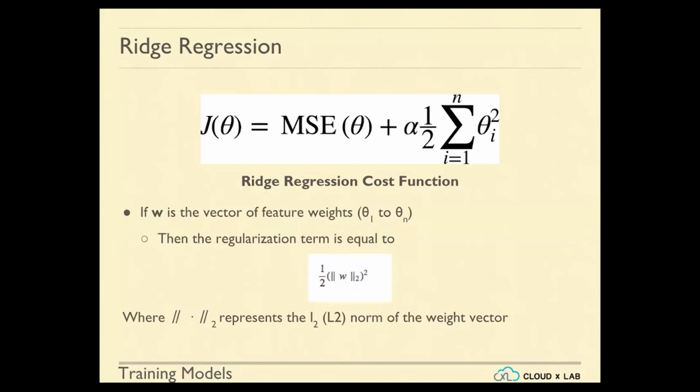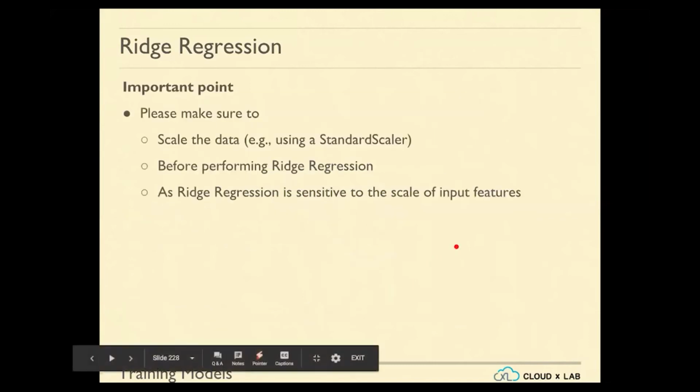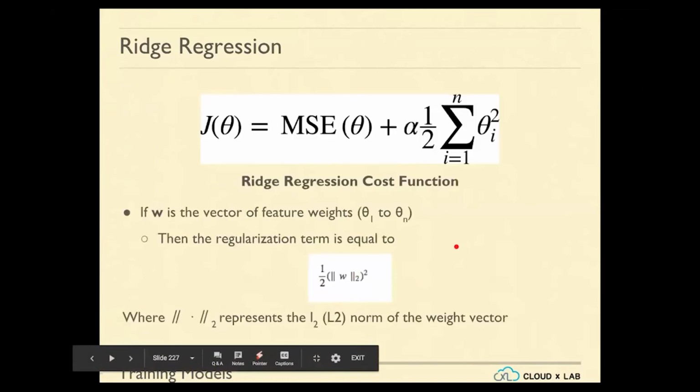If W is the vector of feature weights, theta 1 to theta n, then the regularization term is half of the L2 norm of W. Basically, the same thing you see here is written as W, or weights, and these two lines represent the L2 norm with the 2 here.